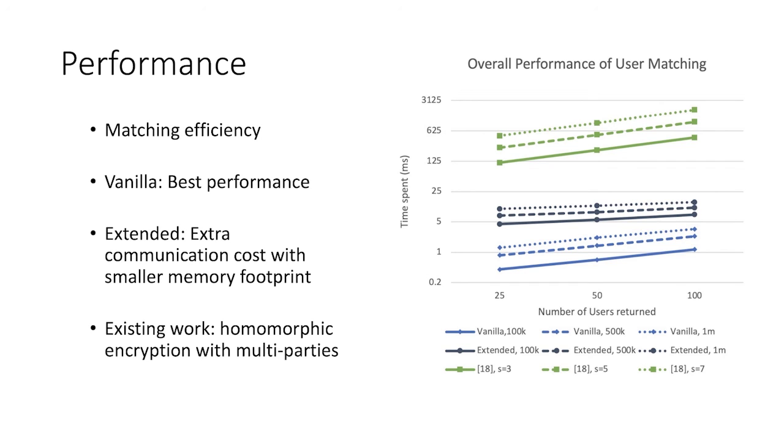We observe that the vanilla implementation is the quickest, as the key table is stored in the protected memory and does not require an extra communication round to fetch the key. Whereas the extended implementation can be up to 5 times slower, but with the benefit of a smaller memory footprint.